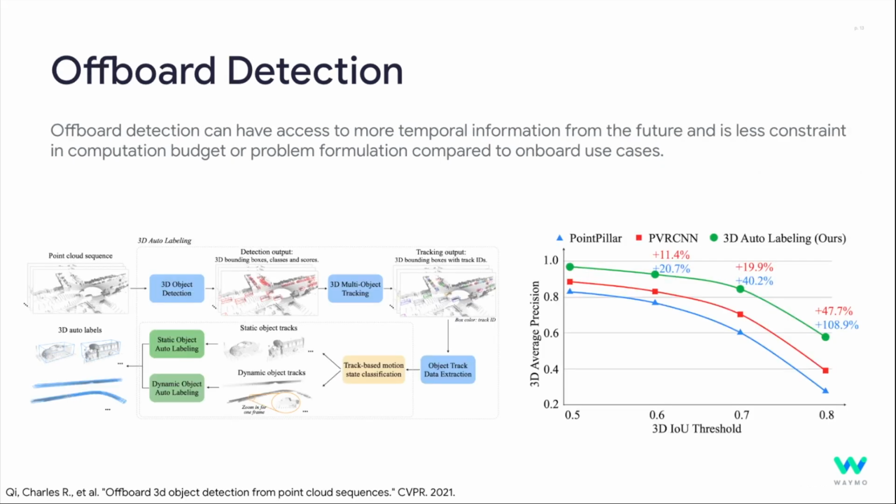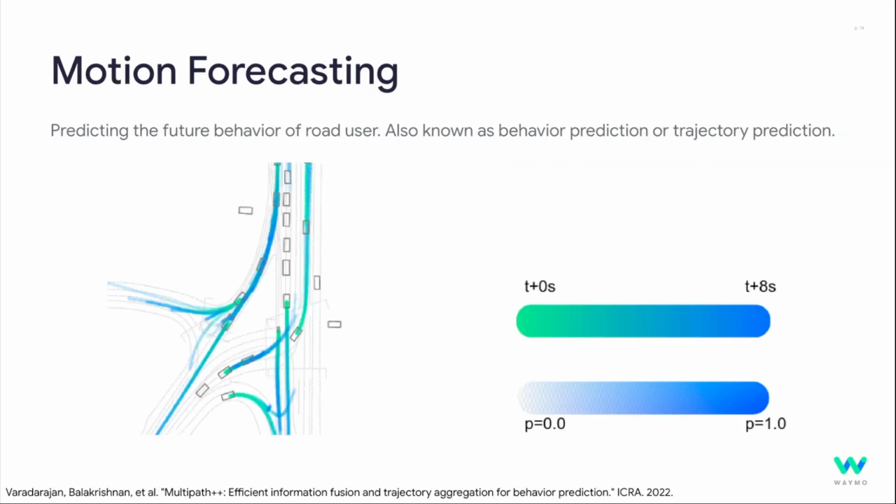While there are challenges to improve 3D detectors simply by stacking frames, recently there is a new trend in developing off-board detectors that access both future frames and past frames and have vastly different formulations from onboard ones. Such methods have shown strong improvements on popular single-frame detectors designed for onboard use cases. In the off-board setting, an idea came to us that we can leverage motion forecasting models to help 3D detection with sequence data.